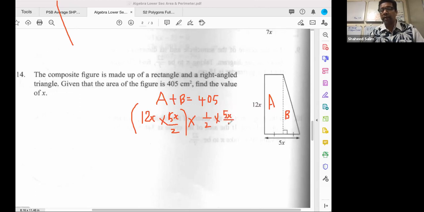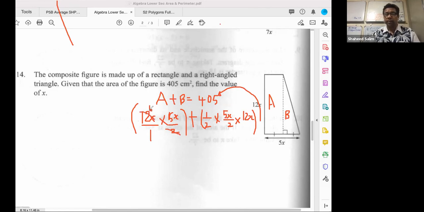The height is 12x. So, sorry, this is not times, it's plus. It's supposed to be plus. Okay, and then that's equal to 405. So you can cancel.